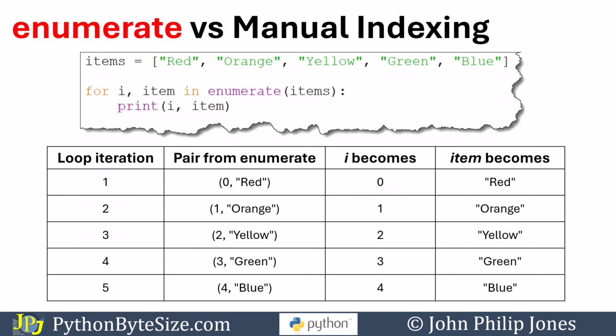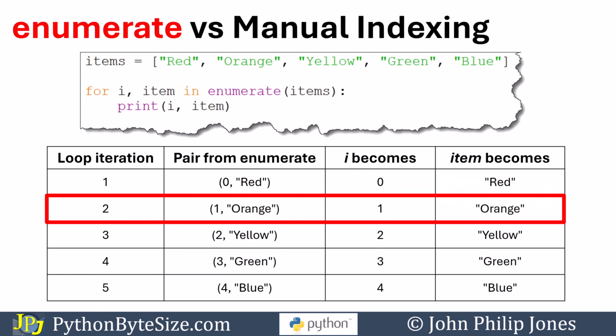Let's move on to the next slide, and what we can see here, we have loop iterations, and we go round the loop 5 times, and we generate this pair from the enumerate the first time we enter the loop, and we can see that i becomes 0 and item becomes red. This is then what happens during the second loop iteration.